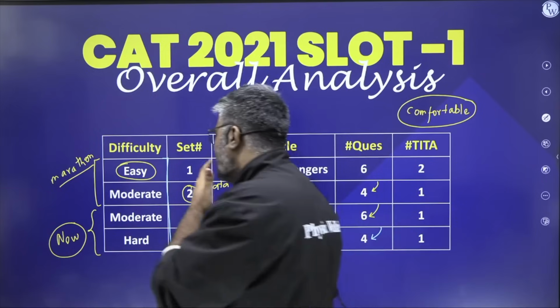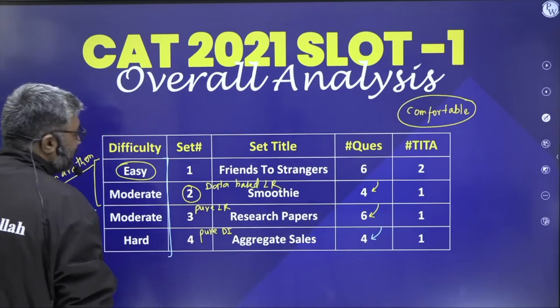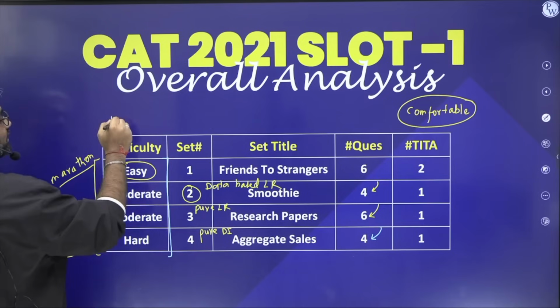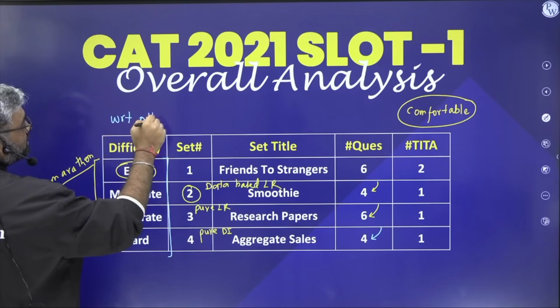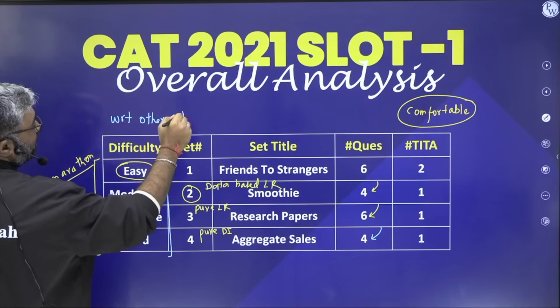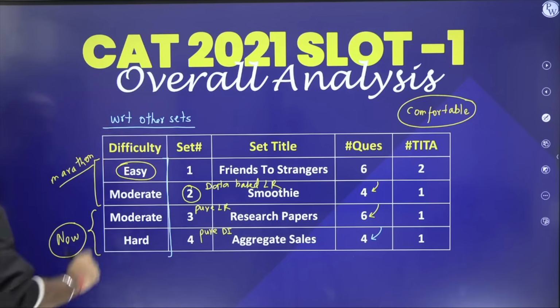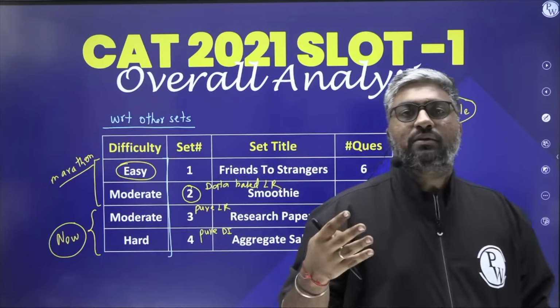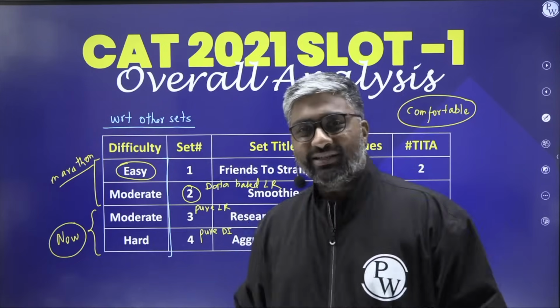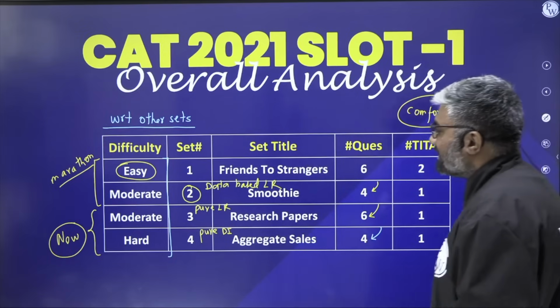So all of this difficulty level that I'm saying is all about with respect to the paper or with respect to other sets in the same paper, है ना, other sets in the same paper. So among the 4 sets, which one would be easier? Cool. So like I said, we are done with this.